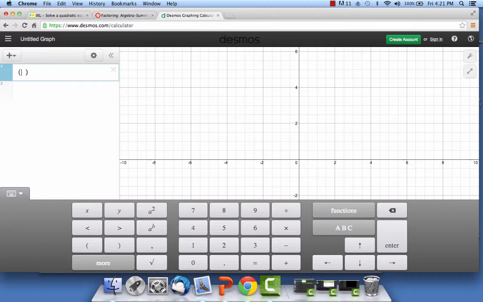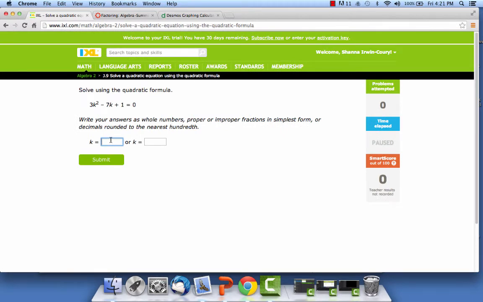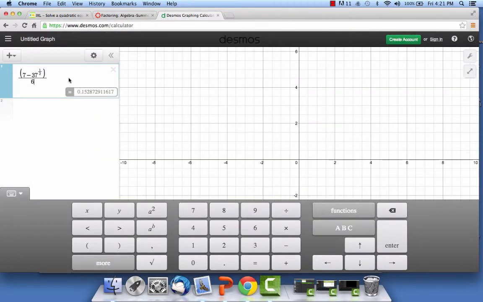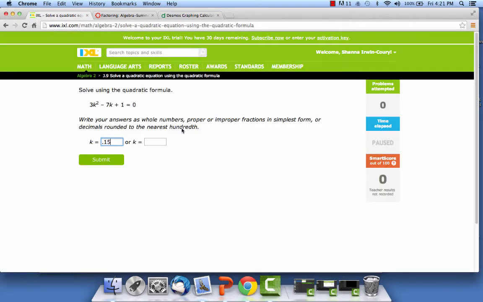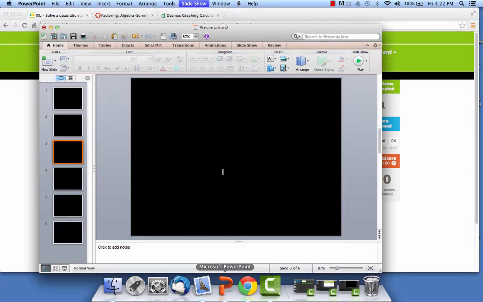So 7 minus 37 to the 1/2, divided by 6. So 0.15. And then alternatively plus, 2.18.